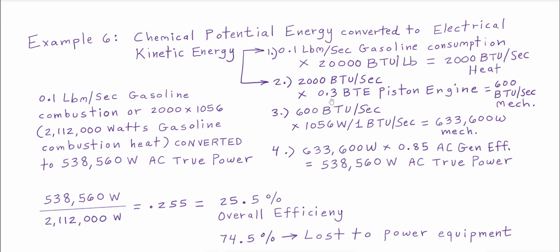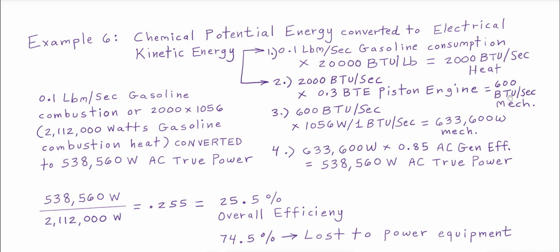And then we know that piston engines have 30% brake thermal efficiency, meaning that it will cost 70% of the fuel's energy to keep the engine running, to power it, but then whatever's left that we can use to move the car or drive the generator, overcome aerodynamic drag, tire rolling resistance, etc., is 30%. So we take 2,000 times 0.3, 600 BTUs per second of equivalent mechanical power.